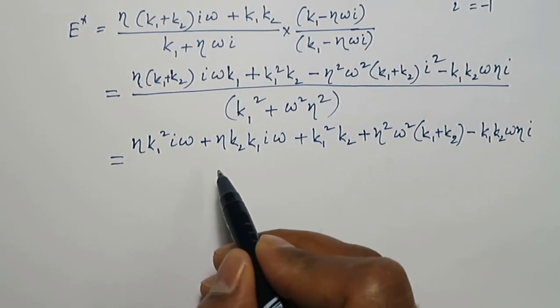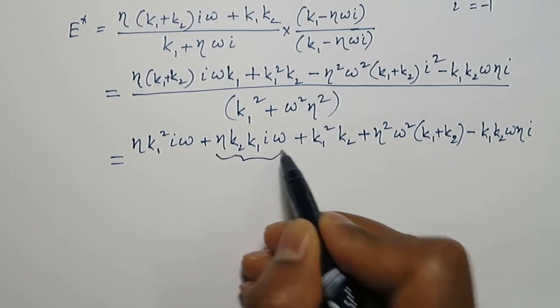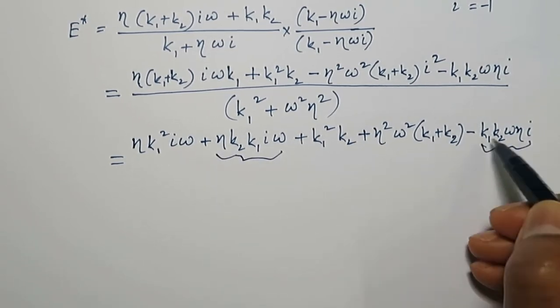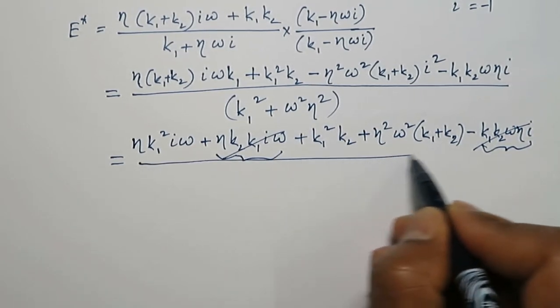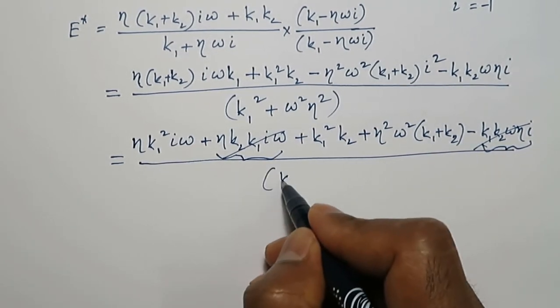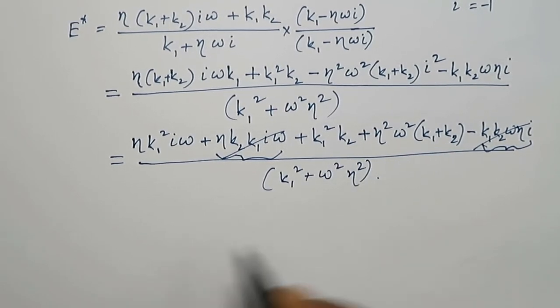So now we can see that this one and this one can get cancelled out. So the whole will be divided by k1 square plus omega square eta square.